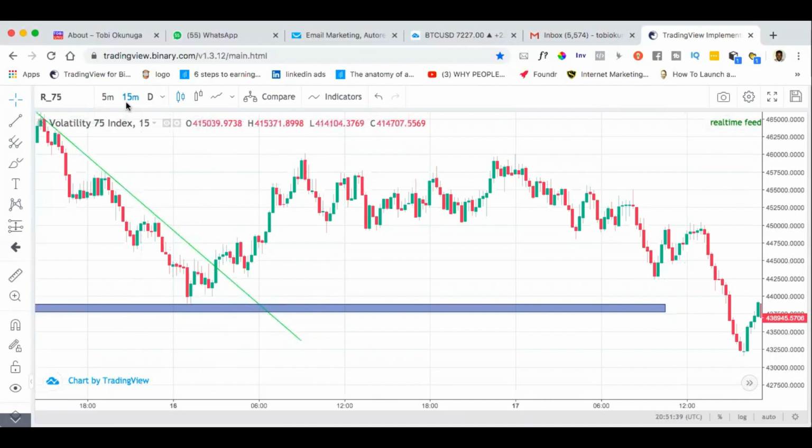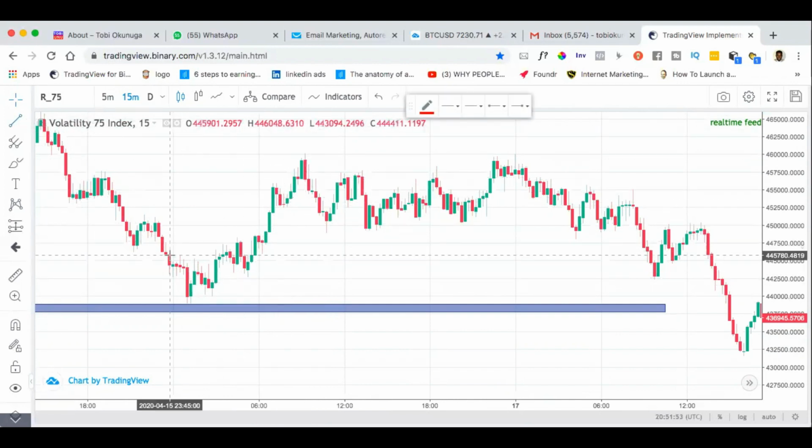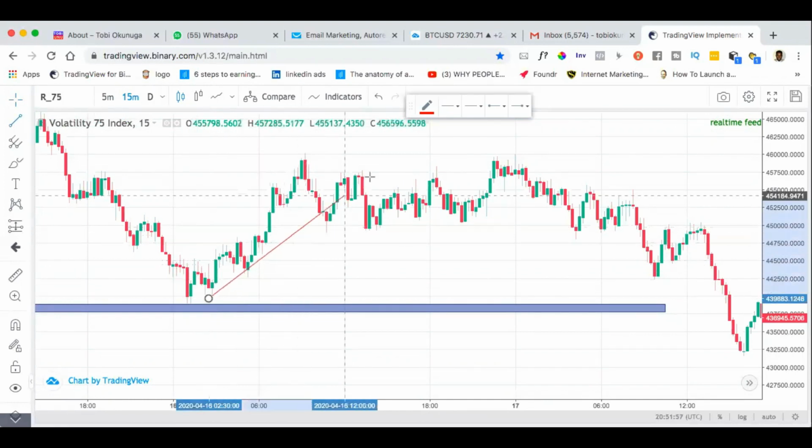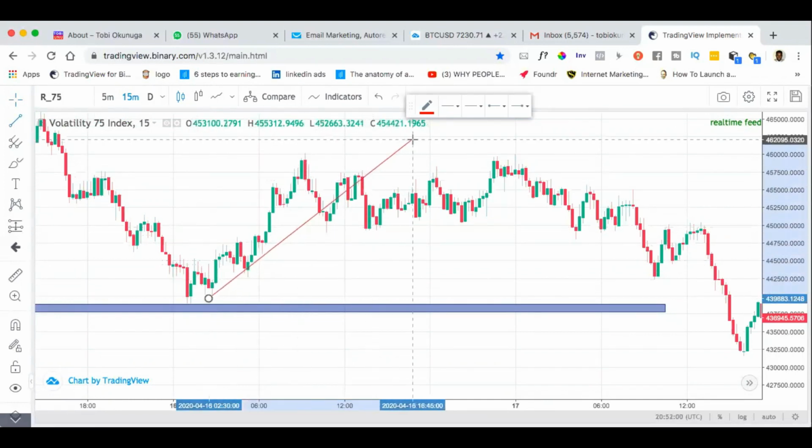So on the 15-minute chart, still on the same chart, let me draw my trend on this particular trend. So I can see a valid trend. Find a trend. So this is a trend. I draw my trend line. You can see a trend line over here.